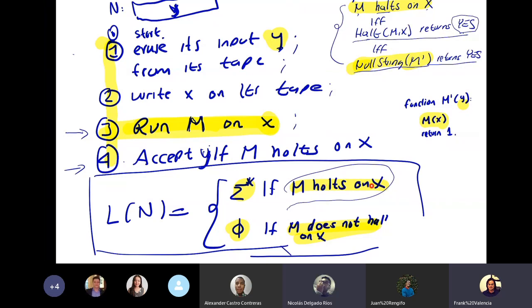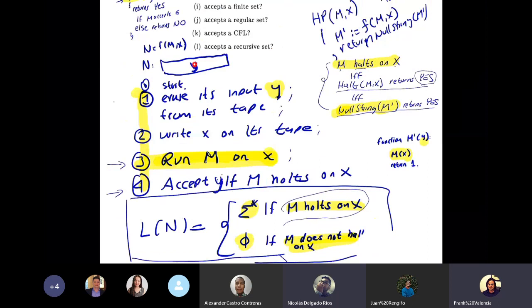If M halts on X, that means that you will always accept whatever Y you got in the beginning. So if you started with this Y and M terminates on X, you will get to step 4 and accept. See that the M and the X are the same for every N that I have here, right?